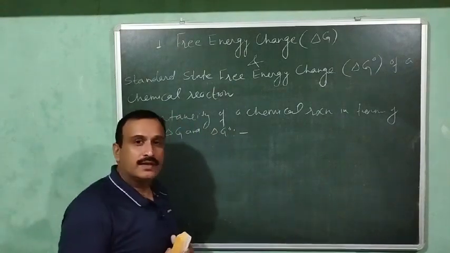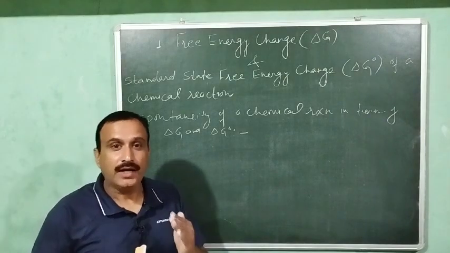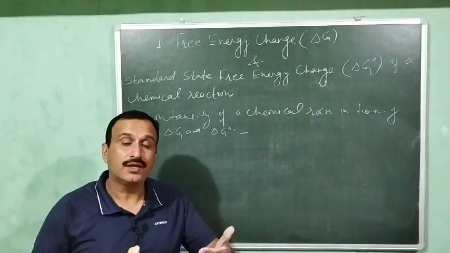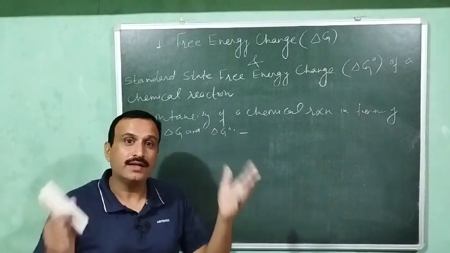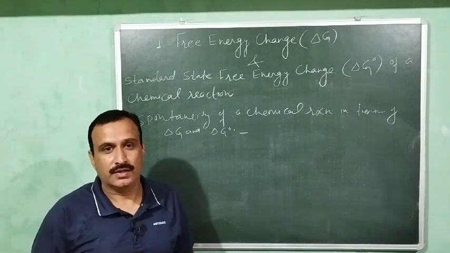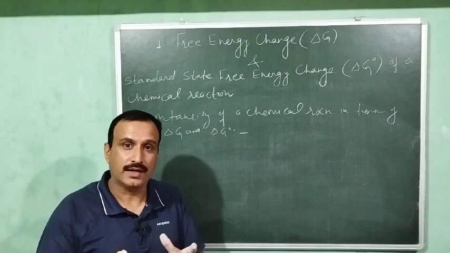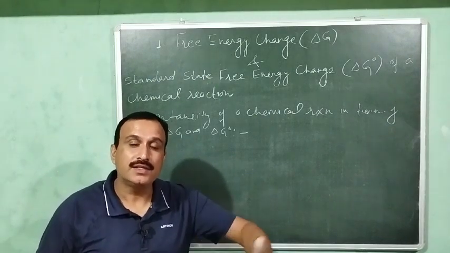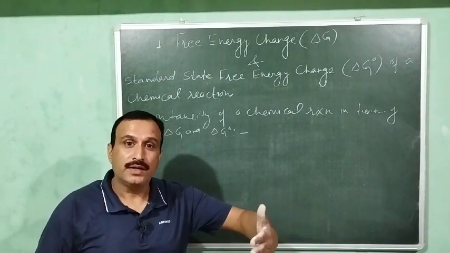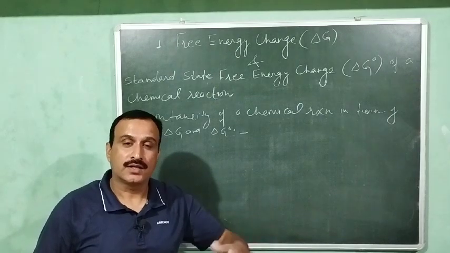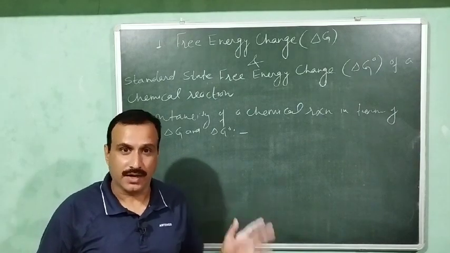So friends, a chemical reaction is said to be spontaneous if it proceeds with a decrease in free energy, meaning that the free energy of products is less than the free energy of the reactants.